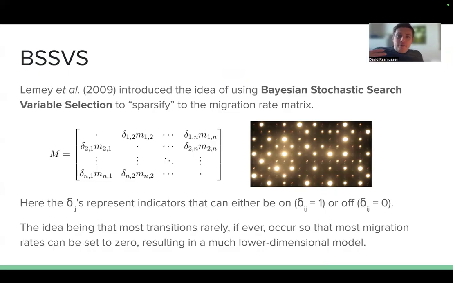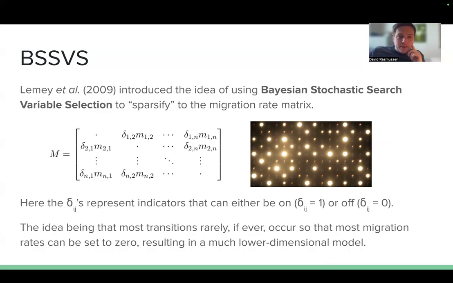So Bayesian stochastic search variable selection is a bit of a mouthful, so I'll just say BSSVS. But the main idea behind the method is quite simple, and that's we want to take this matrix of all possible migration rates and sparsify it, meaning that we want to determine what small subset of these rate parameters is actually important to explaining our data.